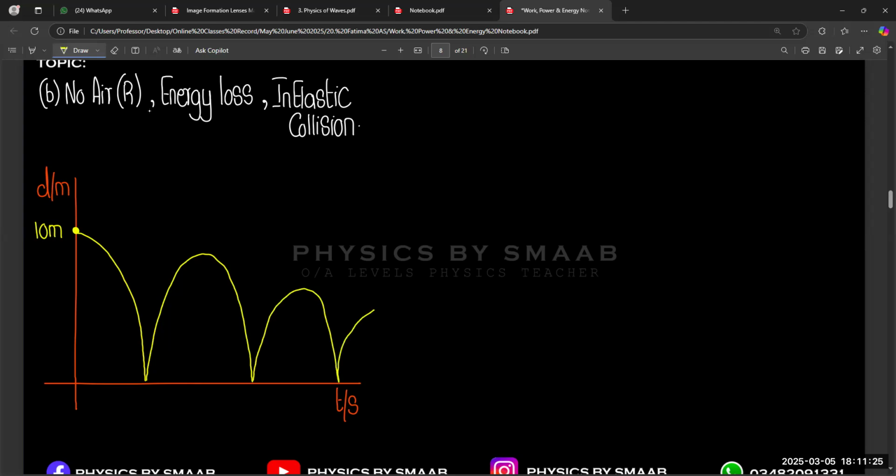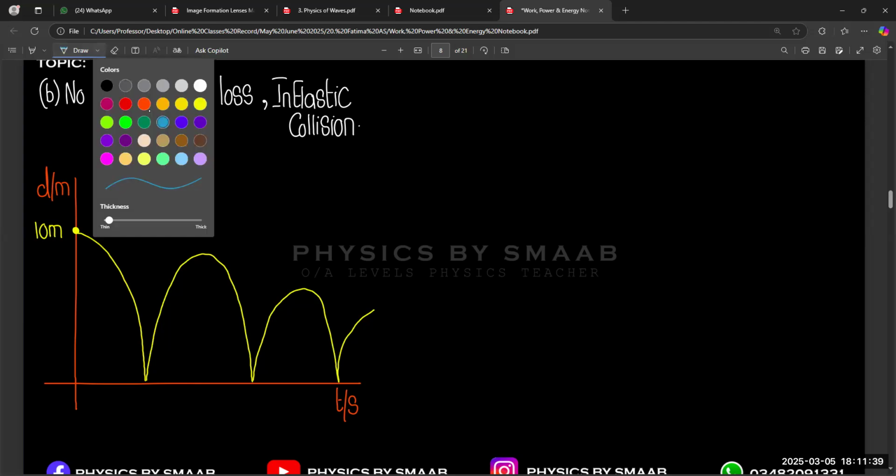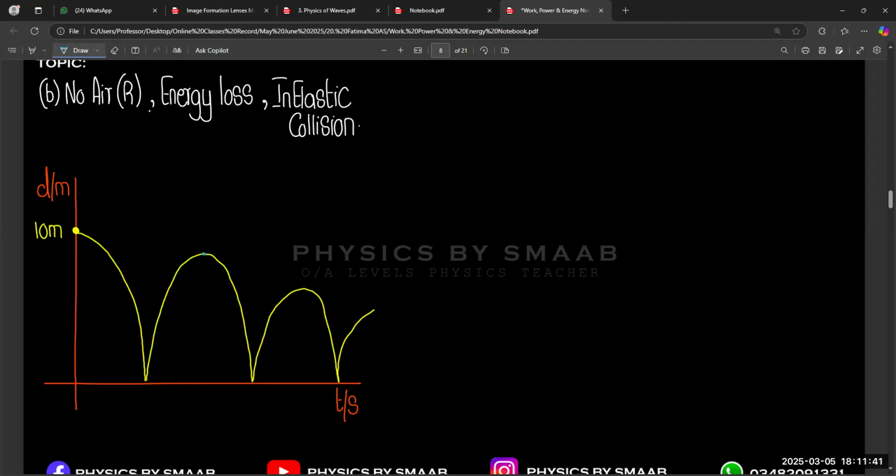So basically in this graphical representation, we observe that the peak of the graph is continuously decreasing because of loss of energy, right? Because of loss of energy, we get a different height every time. This is no more 10 meters, this will be a new height.